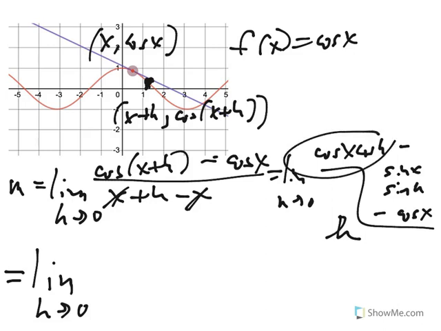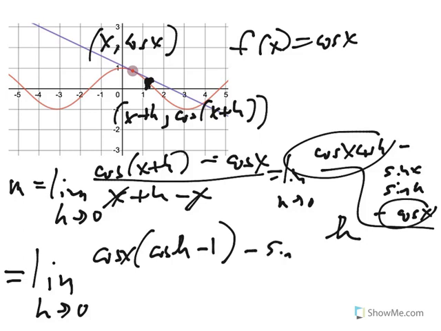This term and this term both have cosine x. So it's cosine x times cosine h minus 1. That's the thing we have from before. And then minus sine x sine h. I'll put these over h separately.